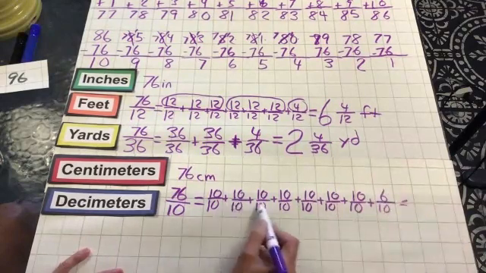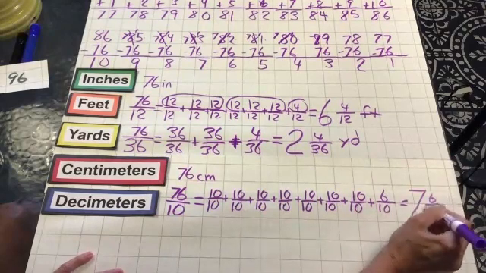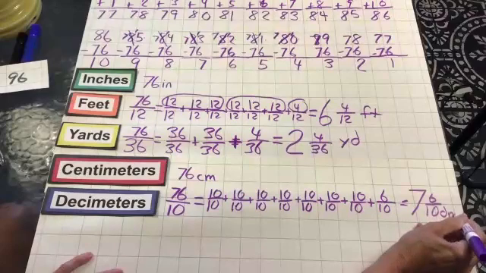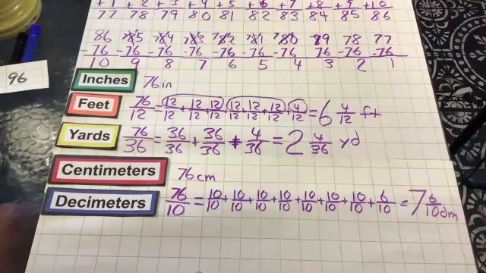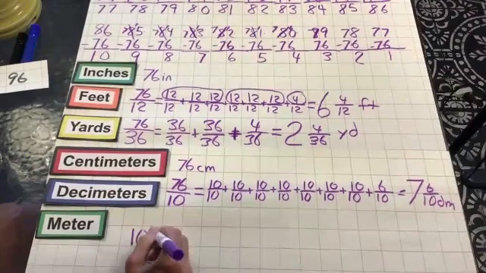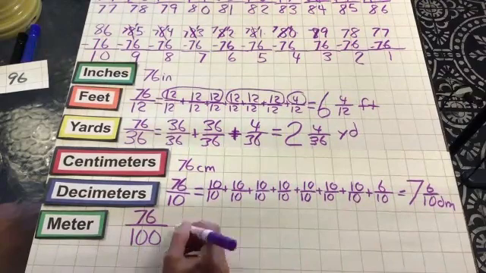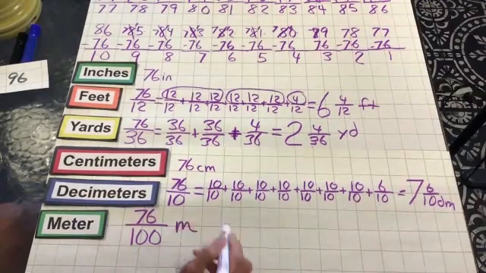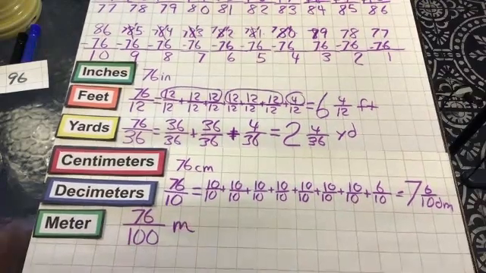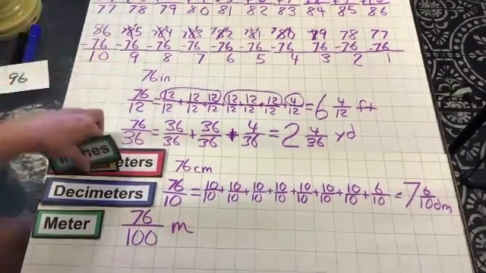So we have 1, 2, 3, 4, 5, 6, 7 whole and 6/10 decimeters. Looking good. Let's go for meters. It takes 100 centimeters to make a meter. We have 76, not quite a whole. So we have 76 hundredths of a meter. And there we have it for our linear measurement in standard form and metric form.